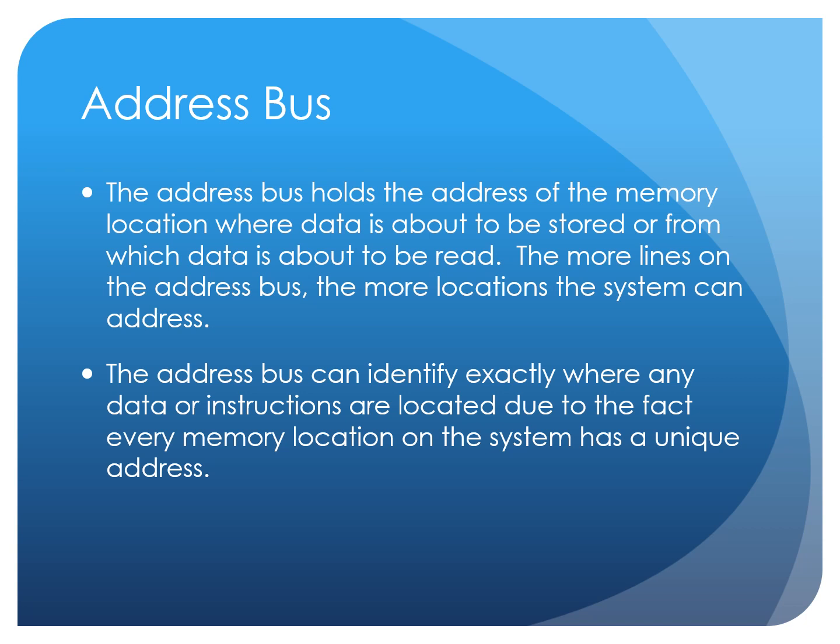The address bus can identify clearly where any data or instruction is located due to the fact that every memory location on the system has a unique address. Remember, we looked at this before. It's called memory addressing.